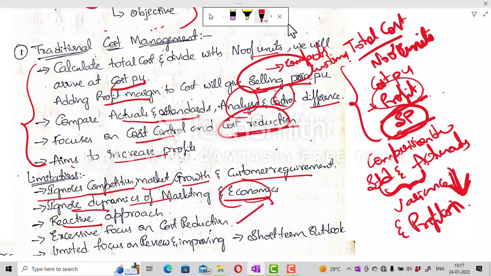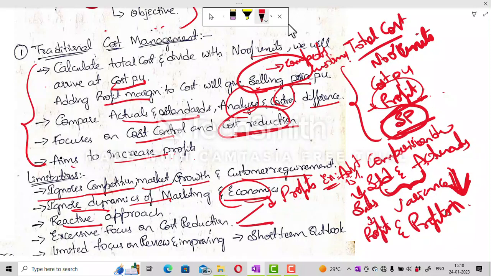This may decrease the profits. See how it will decrease the profits: in order to decrease the cost, we thought of cutting down the advertisement cost by 15%, but we don't know it will affect the sales, which will decrease the profits, and obviously quality will decrease.